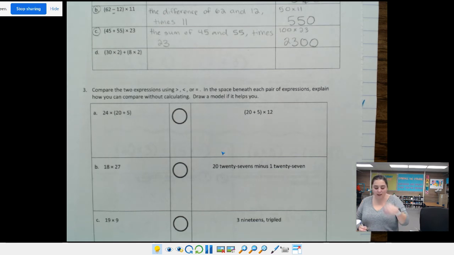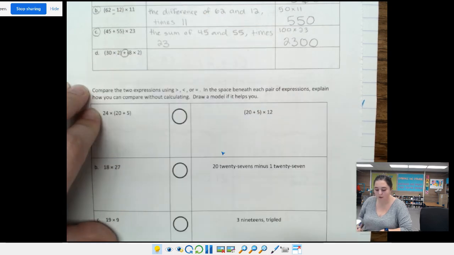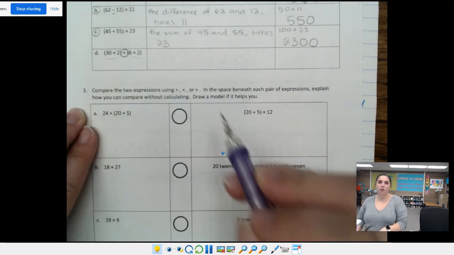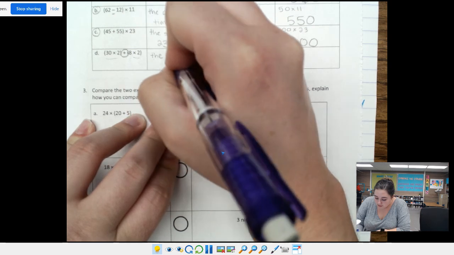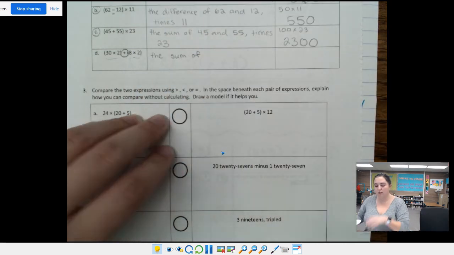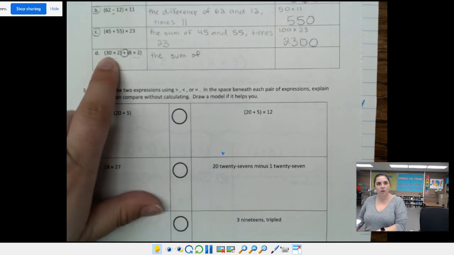All right, so again, overall this is an addition problem. The two sides I'm going to be adding are multiplication. So I'm going to say the sum of blank and blank. What are the two things I'm adding? 30 times 2.